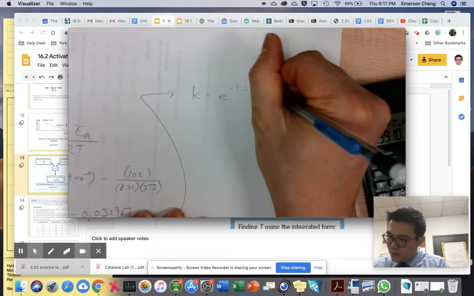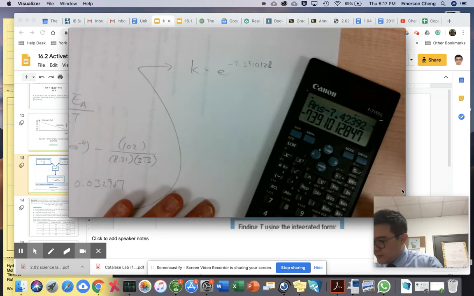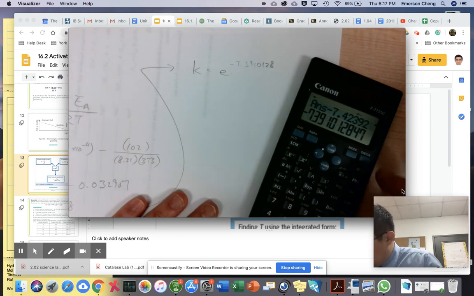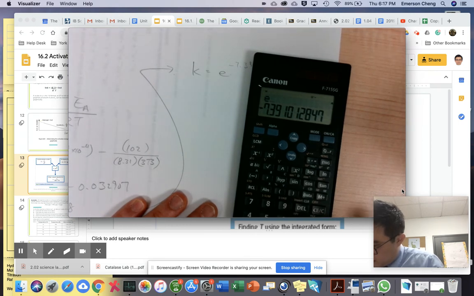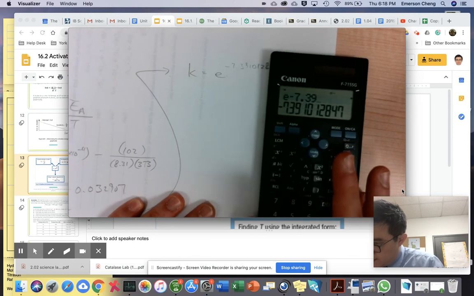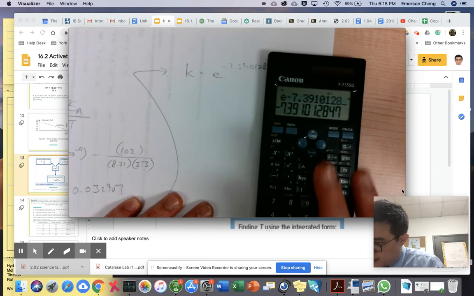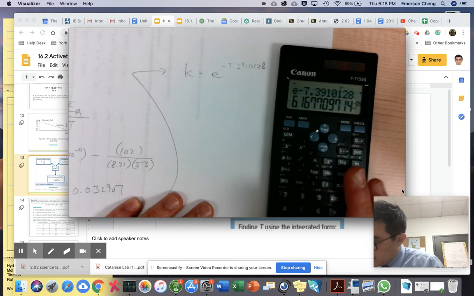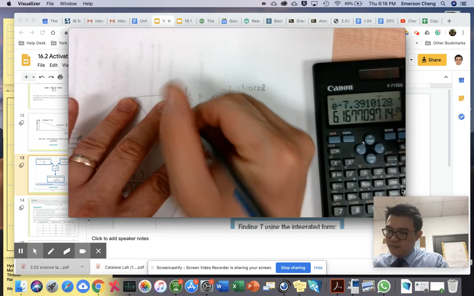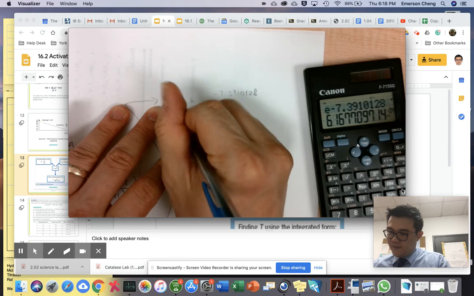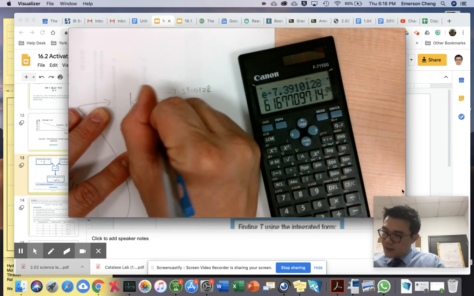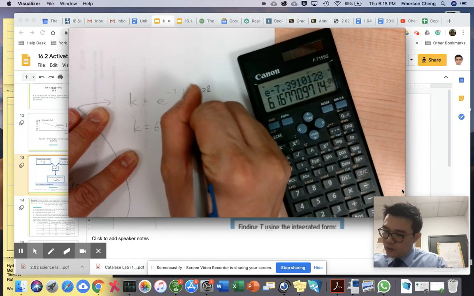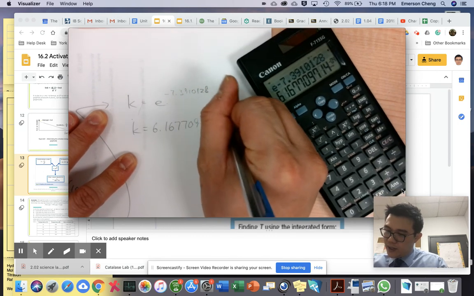So what you do is shift e, then minus 7.391028 equals. So right now k, I have on the calculator, is 6.167709 times 10 to the power minus 4.